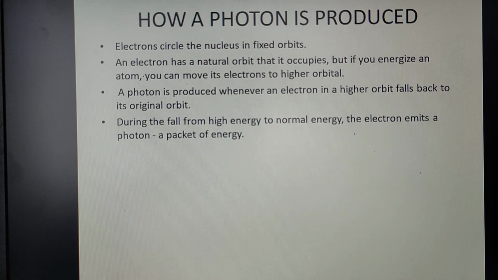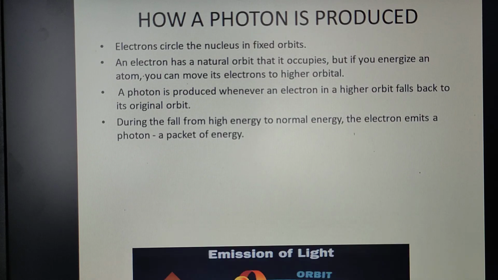Now when the energy starts to decrease, it cannot remain in that energy level anymore, so it falls down. When it falls back to its original level, it releases a small amount of energy. That released energy constitutes a photon. During the fall from high energy to normal energy, the electron emits a photon, a packet of energy. That's why we call it a packet or a quantum of energy.